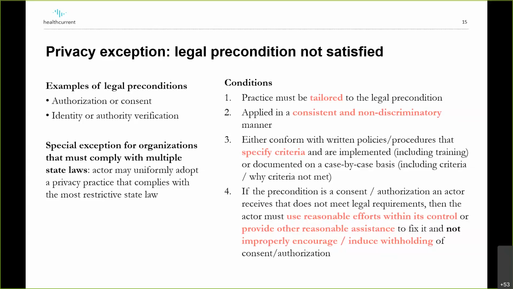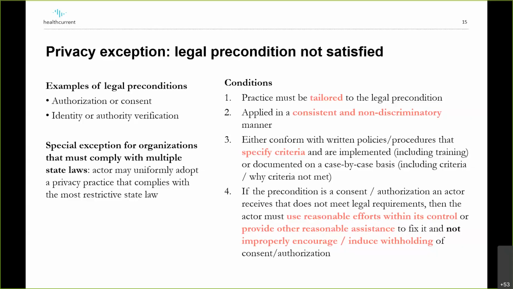So in that circumstance, this behavioral health facility, which is a mixed-use facility, could say to the OBGYN, well, here's mom's behavioral health records, but they're not going to send the Part 2 records because a legal precondition has not been met. That's an example of tailoring what you do to the legal precondition that you determine has not been satisfied.